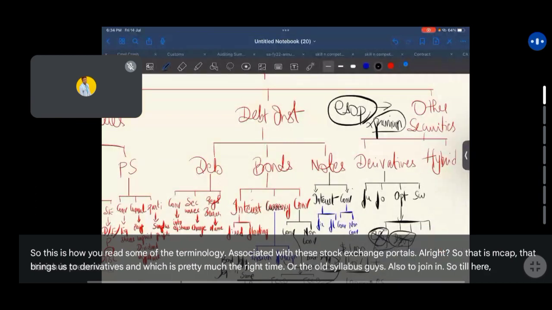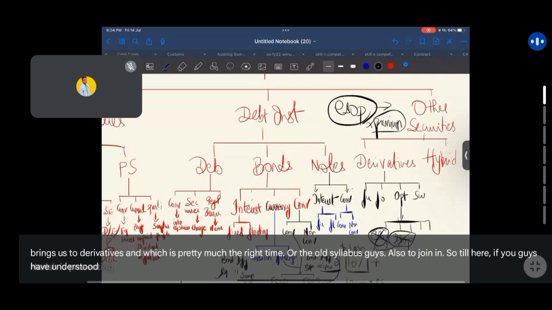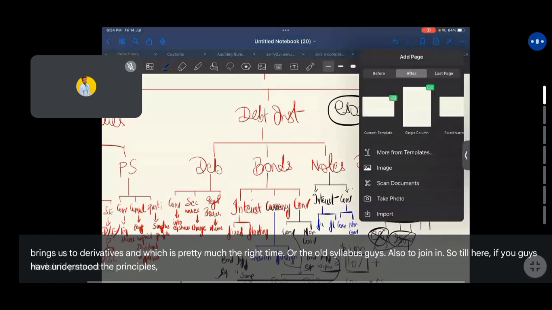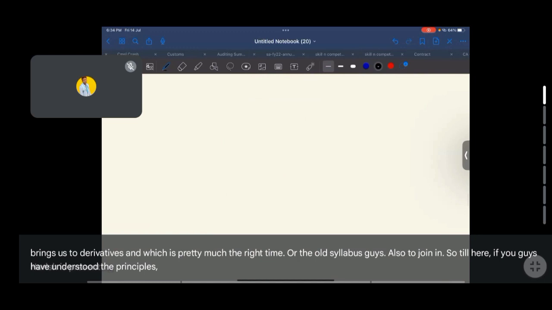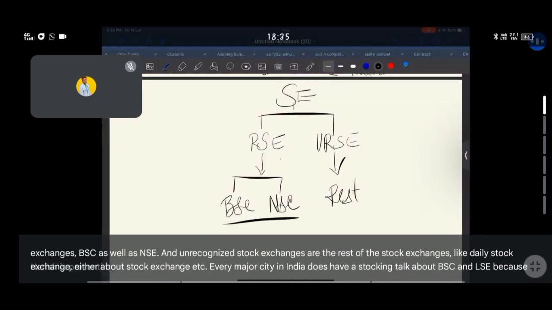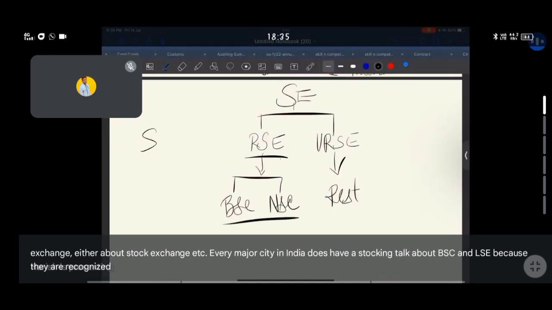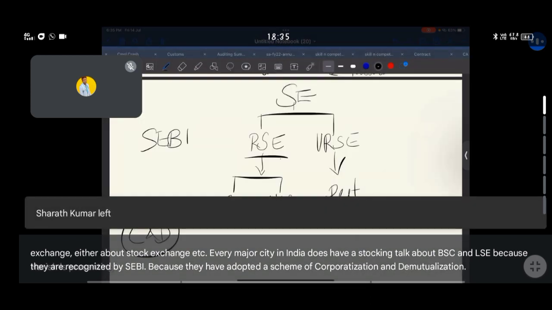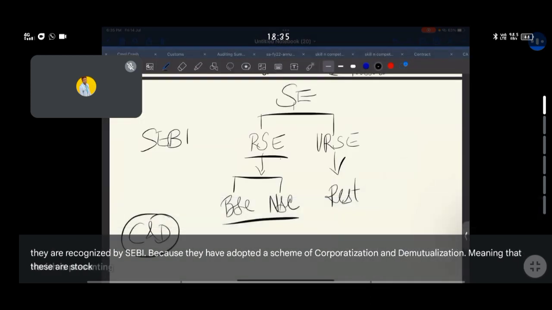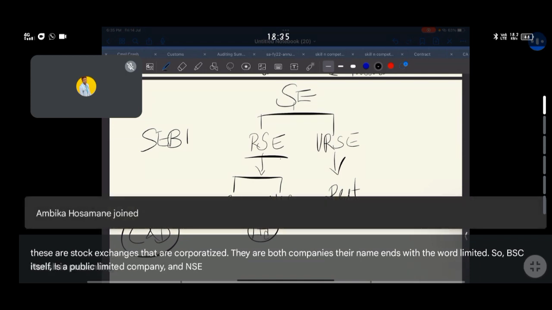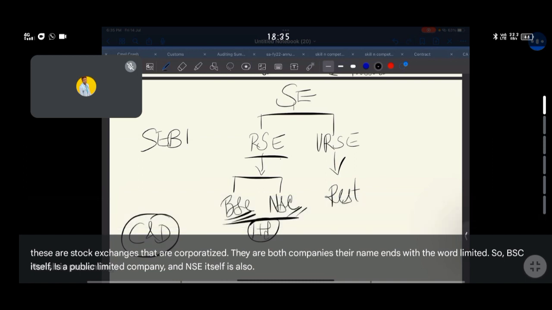So till here, if you guys have understood the principles, talk about BSE and NSE because they are recognized by SEBI, because they have adopted a scheme of corporatization and demutualization, meaning that these are stock exchanges that are corporatized. They are both companies. Their name ends with the word limited. So BSE itself is a public limited company and NSE itself is also a public limited company.